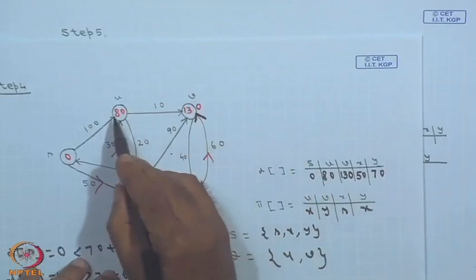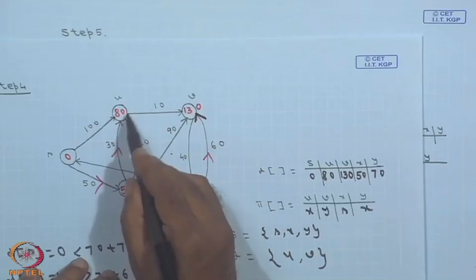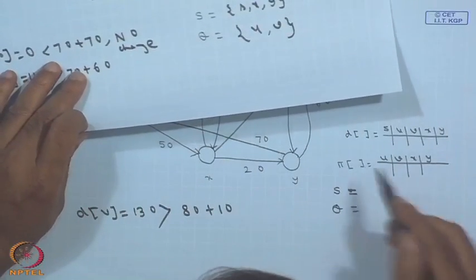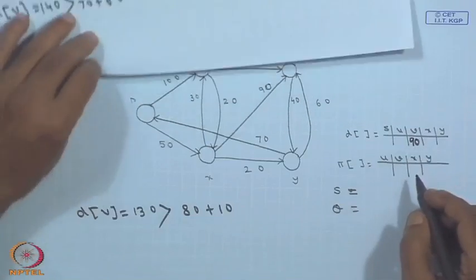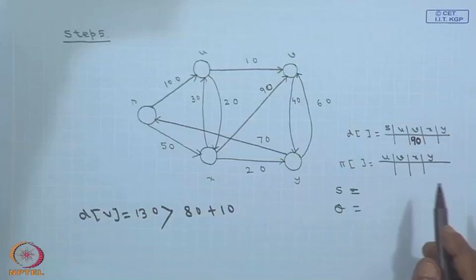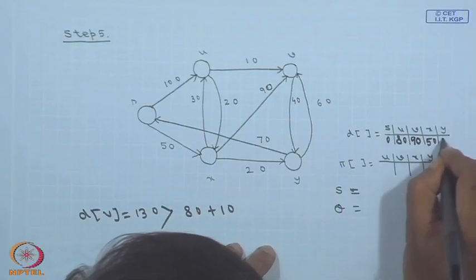So, this distance 80 plus 10 is 90. So, if I travel from here to here, then my distance will be less. So, this 130 has to be changed. So, the value of the distance of v will change to 90, and all other values will remain as they are, that is 0, 80, 50 and 70.